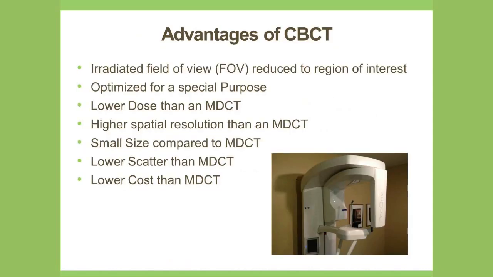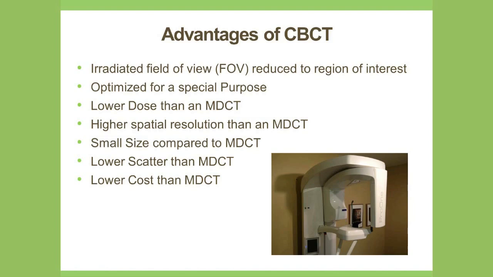So let's talk a little bit about the differences between cone beam CT and multi-detector CT. Cone beam CTs have a field of view that's reduced to just the region of interest, just the head, and in some cases, an extremity. It is optimized for a special purpose only, and so imaging is optimized for one purpose and does very well at it.